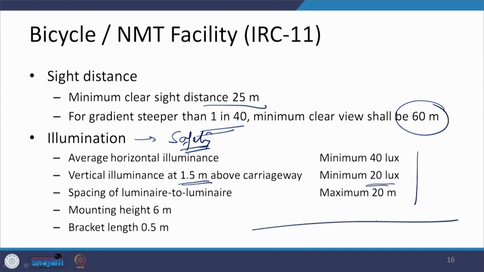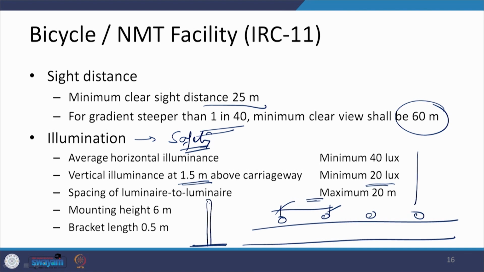And along this track, at the locations where poles have been provided through which the illuminance is given, the maximum spacing shall be 20 meters. And when we are looking at the height at which this is being provided, we are going to provide it like this.